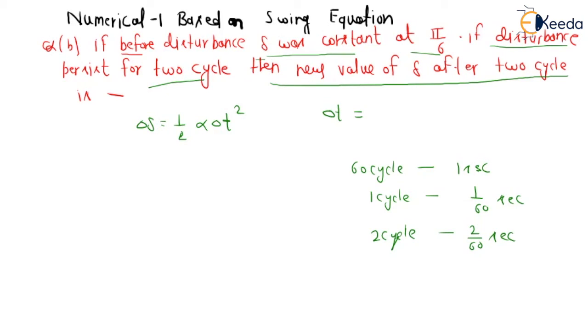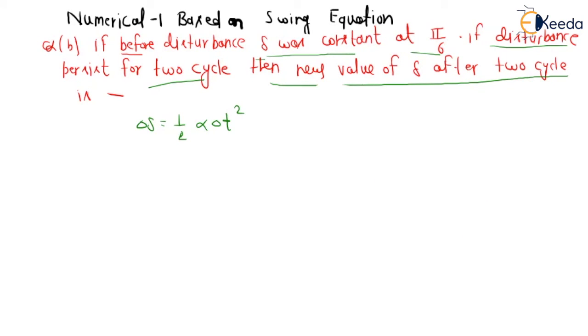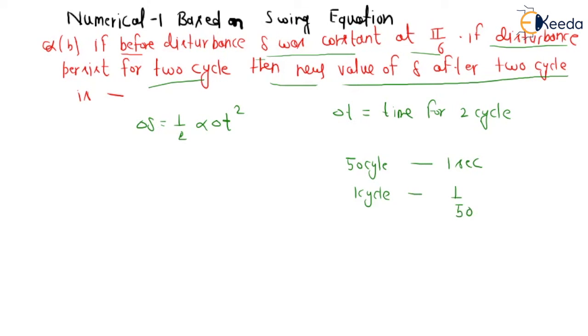Time for 2 cycles, because the disturbance persists for 2 cycles: we know that 50 cycles means 1 second, so 1 cycle means 1 by 50, and 2 cycles means 2 by 50 second.